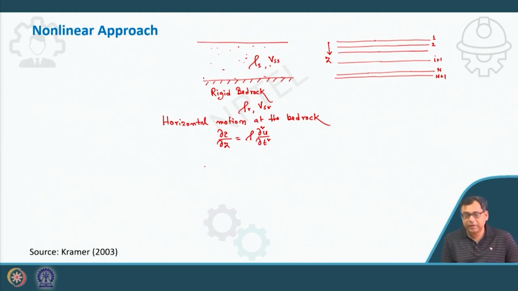This is the expression, where u is the displacement, rho is the density, tau is the shear stress, t is the time, and z is the depth at any depth.